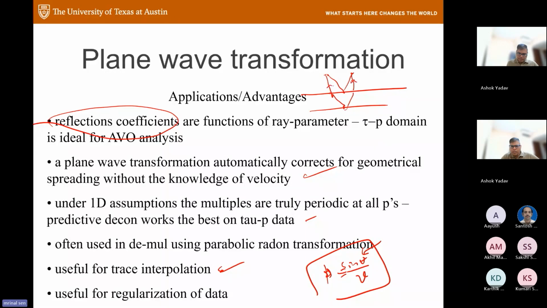This P and this P are different, but this angle and this angle can be the same. So that is something one has to remember: in the XT domain, the angles that you're recording are different for different times or different reflectors, so you have to be able to sort it. If you know the velocity, you can do this mapping, and I'll talk about that.